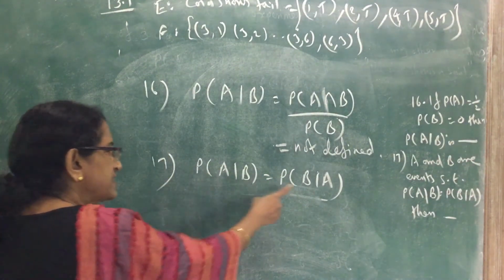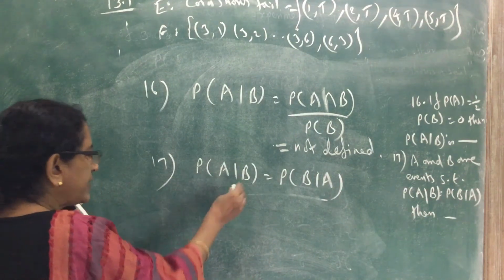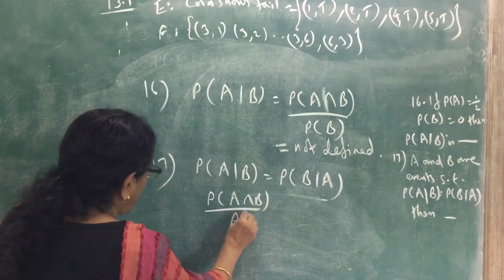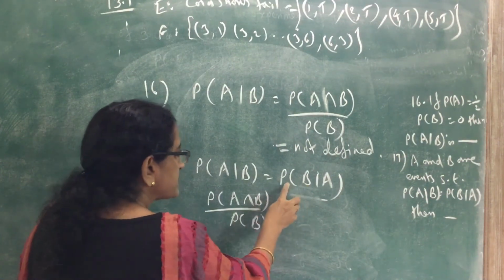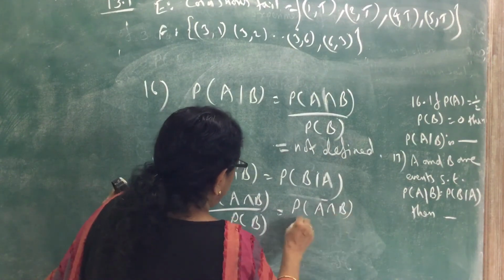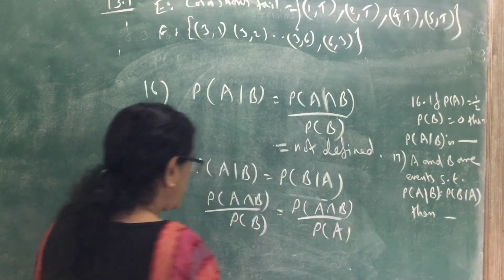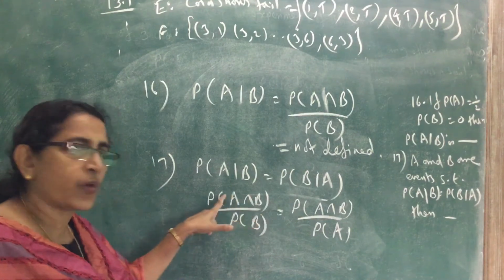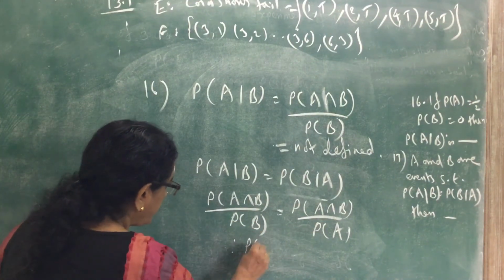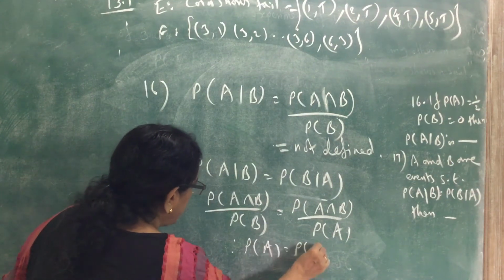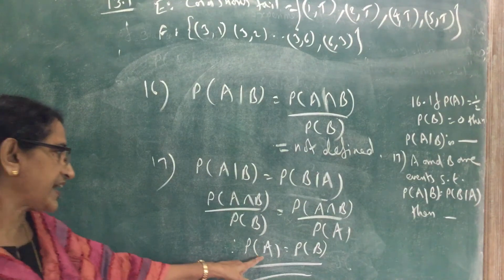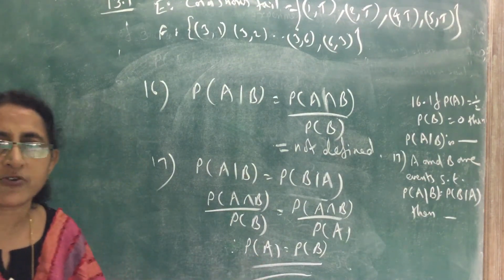Probability of A given B means probability of A intersection B divided by probability of B. Probability of B given A is probability of A intersection B divided by probability of A. See here the numerators are equal. Therefore the denominators also will be equal. Therefore probability of A equals probability of B. So that is the answer. This is the correct option: probability of A equals probability of B.